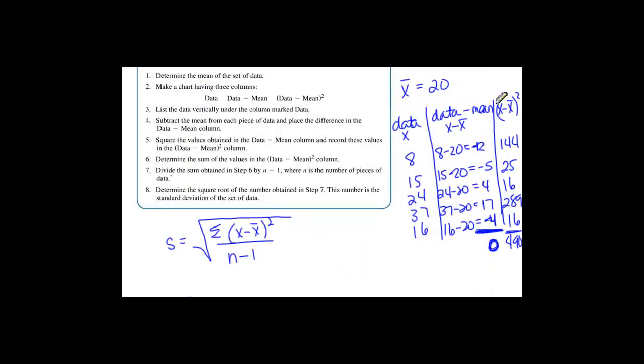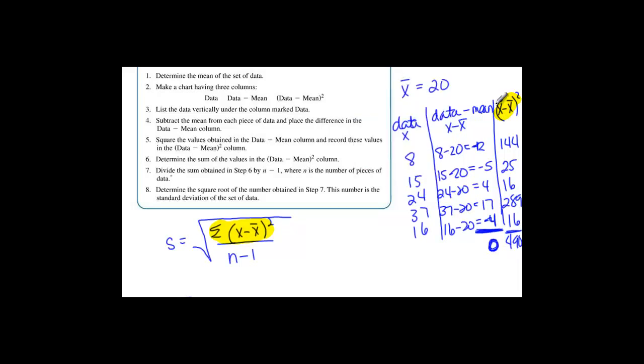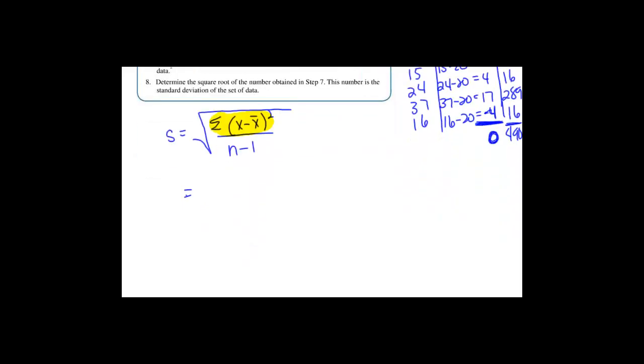That is this part of your formula, the sum of x minus x bar squared. Okay, so far we have the square root of 490 divided by n, the number of pieces in your data set, which was 5, minus 1 gives me 4.